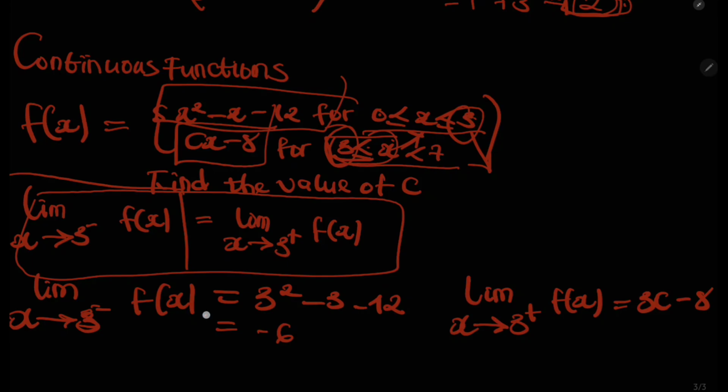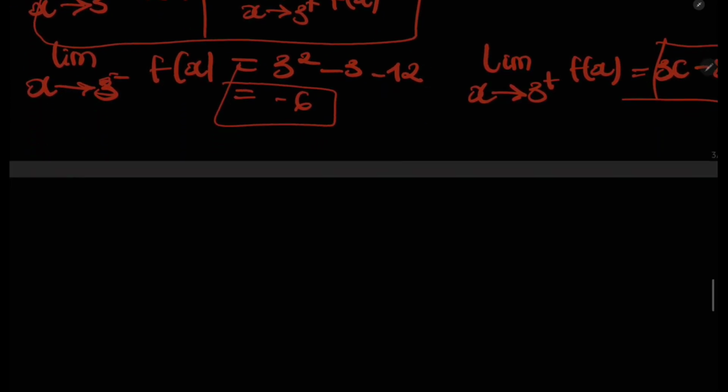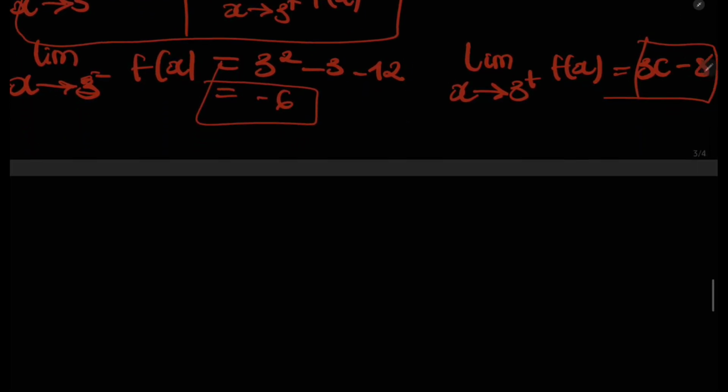So we are going to equate them, since it is continuous, so it can be equated. Okay, so we are going to have minus 6 equated to 3c minus 8. Remember, the question said we are finding the value of c. So we are going to bring like terms together.